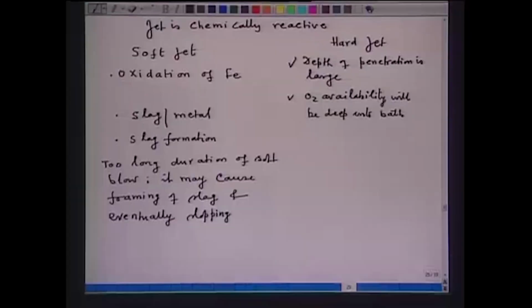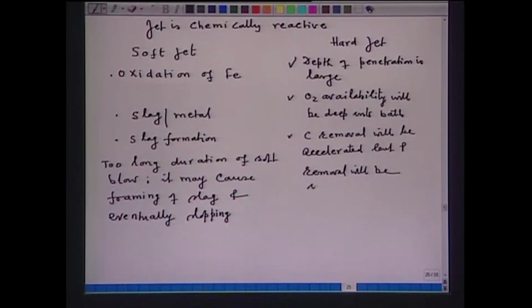So, I will write down here: oxygen availability will be deep into the bath, on account of which carbon removal will be accelerated, but phosphorus removal will be impaired, simply because phosphorus removal is a slag metal reaction.